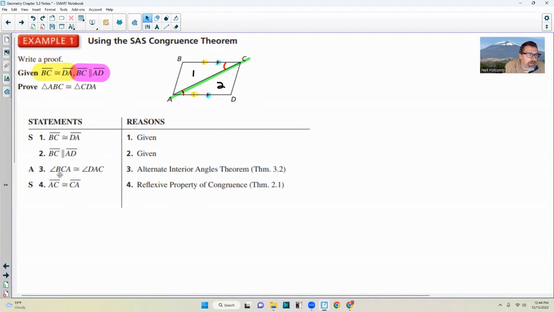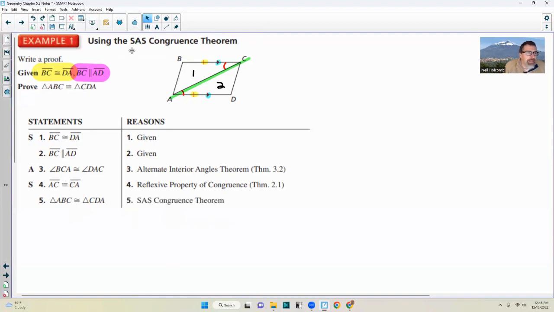Something's equal to itself. And there's our third side. So we have a side, we have an angle, we have a side. We are done. We can now state what we're trying to prove, which is triangle ABC is congruent to triangle CDA. And the reason is SAS.